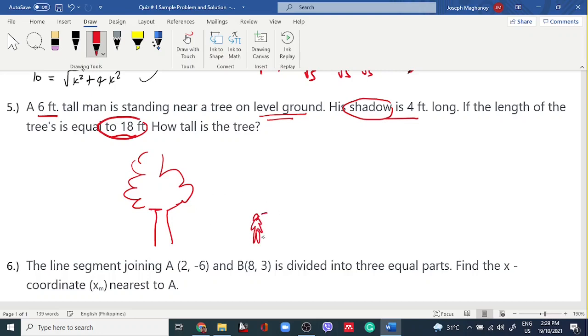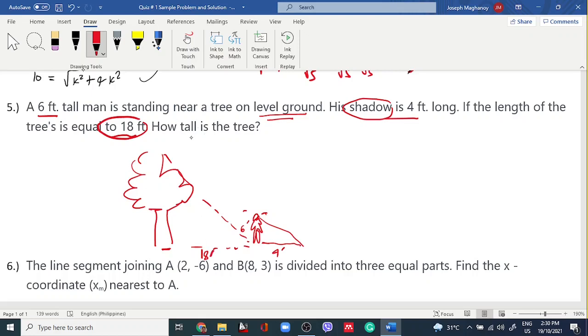Okay, this man is 6 feet tall, and he has a shadow that is 4 feet long. So the tree is standing near the man on level ground. Meaning, he is near the shadow of the tree. So the tree has an 18 feet shadow.